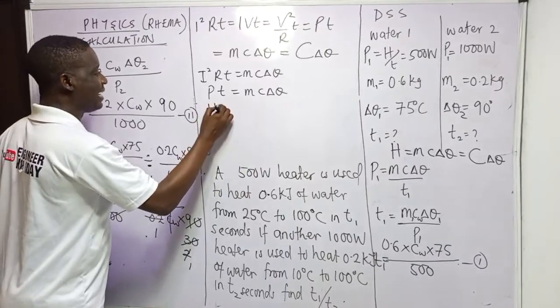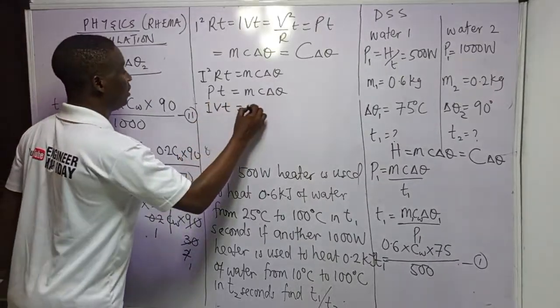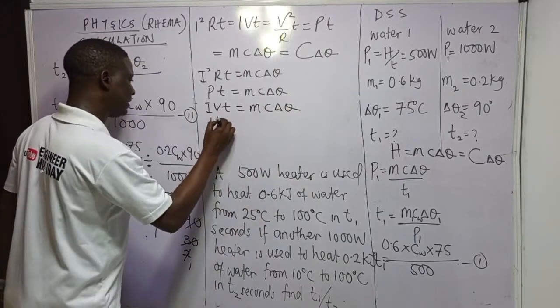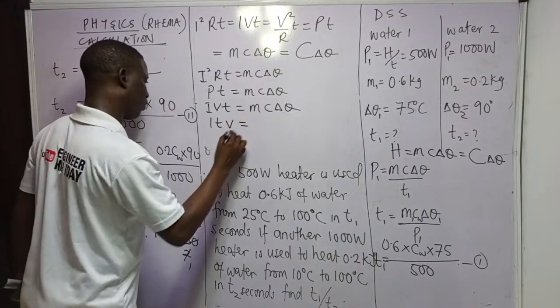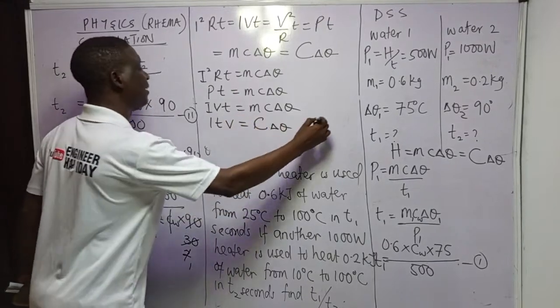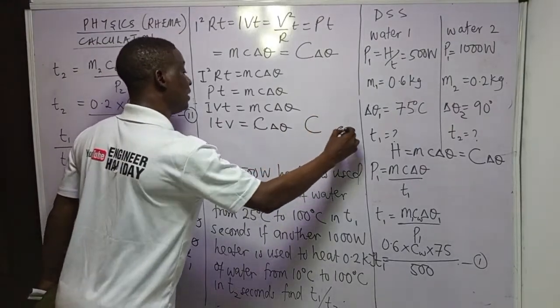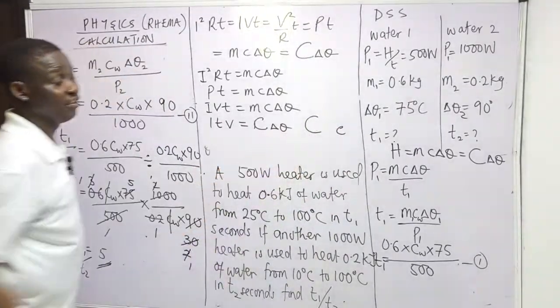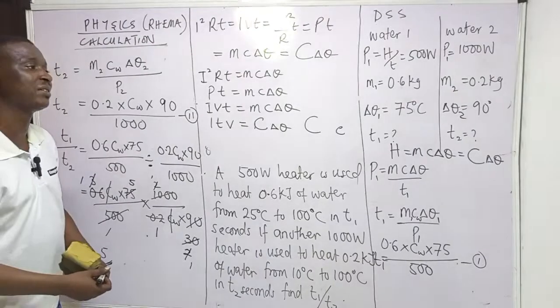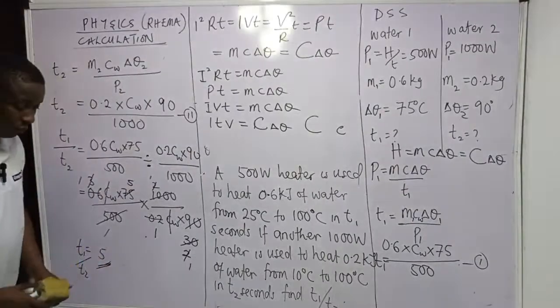So you can say ITV or IVT equals MC change in temperature, or even C change in temperature. Don't forget there's capital letter C and small letter c. Capital letter C is what we call heat capacity, while small letter c is specific heat capacity. Don't forget the two of them. So that is just that.